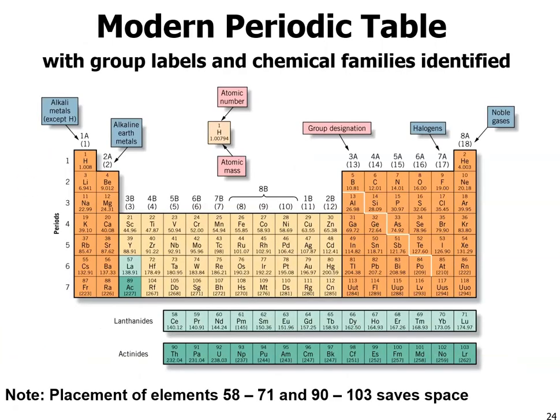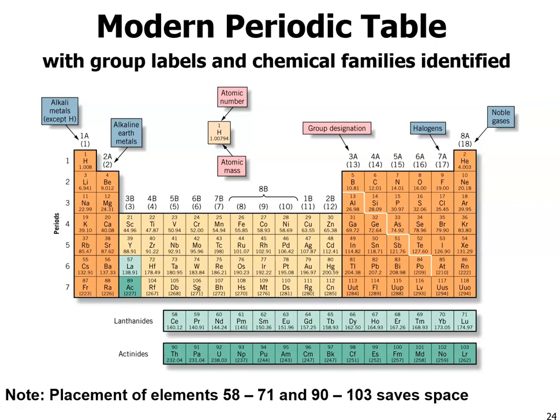So these different families have different characteristics. On the left here are the alkali metals and then the alkaline earth metals. And these are all kind of similar here. So hydrogen, lithium, sodium, potassium, rubidium, cesium, francium, those are all similar because of what I was talking about, where those electrons are and how they behave.